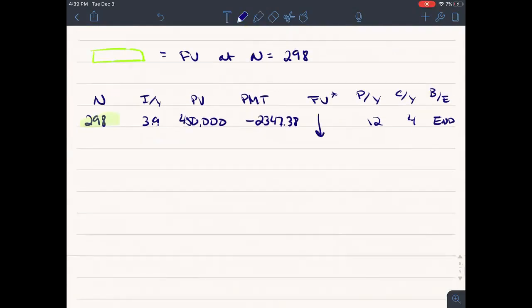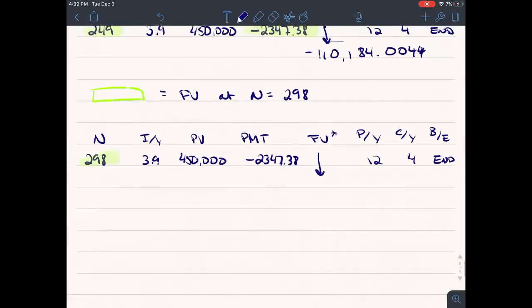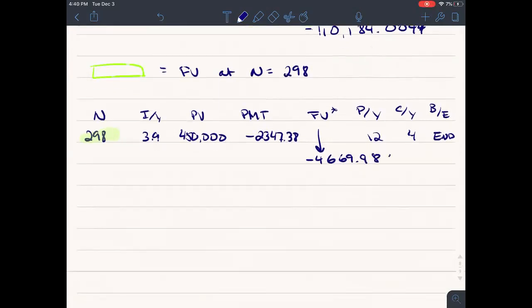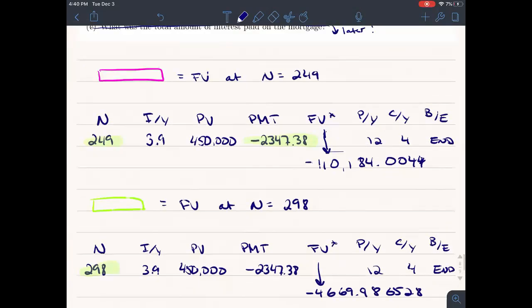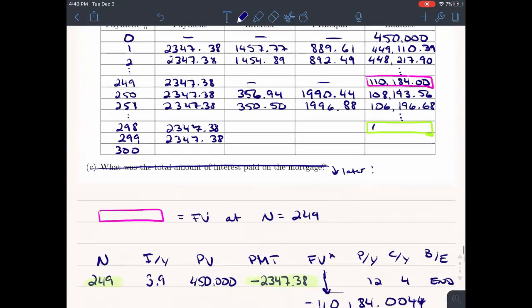Here I get a future value of negative 4,669.986528. So after 298 payments, if I said, fine, I'm just going to pay it off, I would have to pay off 4,669.99.